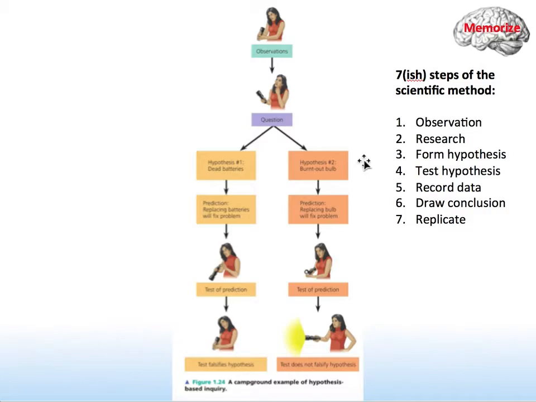Well, maybe the flashlight is not turning on because the bulb is burnt out. That's a statement. It's testable, right? It's falsifiable. It's detailed, right? We've been very clear about what we think is going on. So our prediction is that if we change the bulb, we might fix the problem. We change the bulb, and then the flashlight does indeed work.